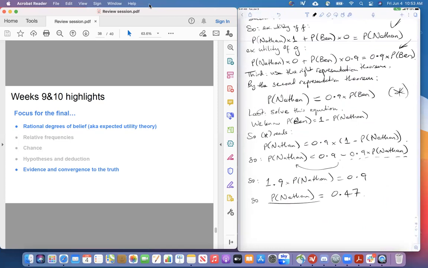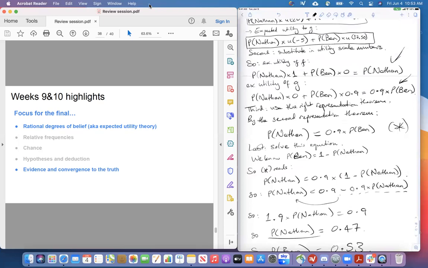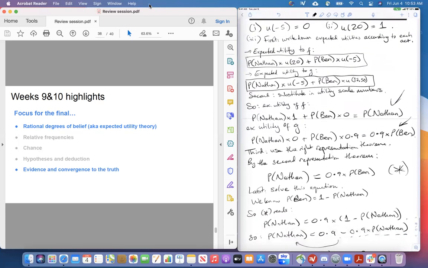So you've got your degree of belief in Nathan winning the match from your preferences about these bets. And so your degree of belief in Ben winning is 1 minus your degree of belief in Nathan winning, which would be 0.53. So that's how you do this question. You write down your expected utilities first. Circle things.